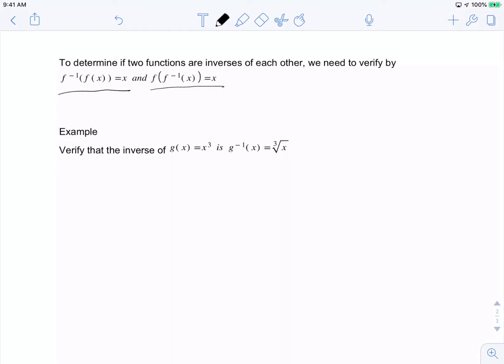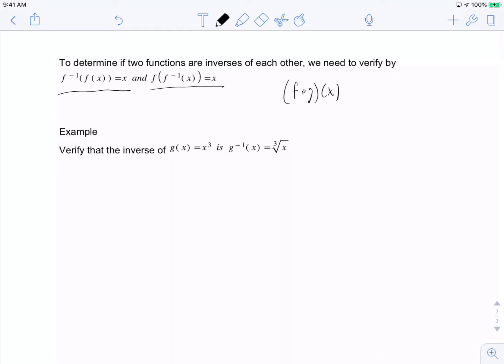The first one says that the inverse of the function will end up being x. The other says the function of the inverse function being evaluated is x. This is also considered a composite function. So composite functions, you may have seen them as like f of g of x.